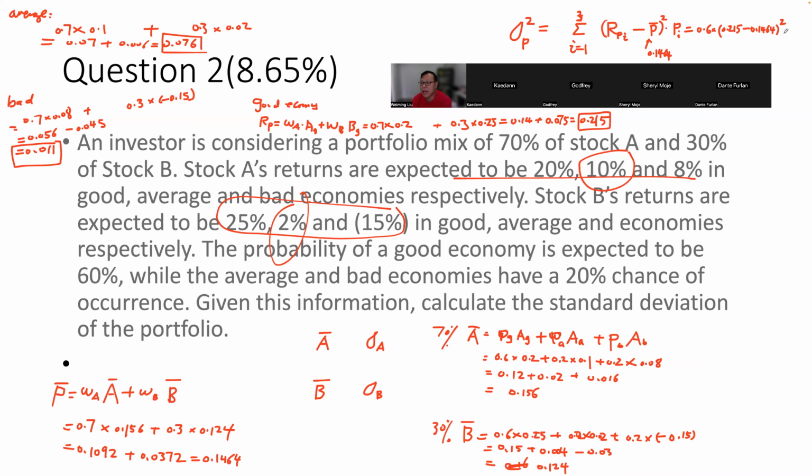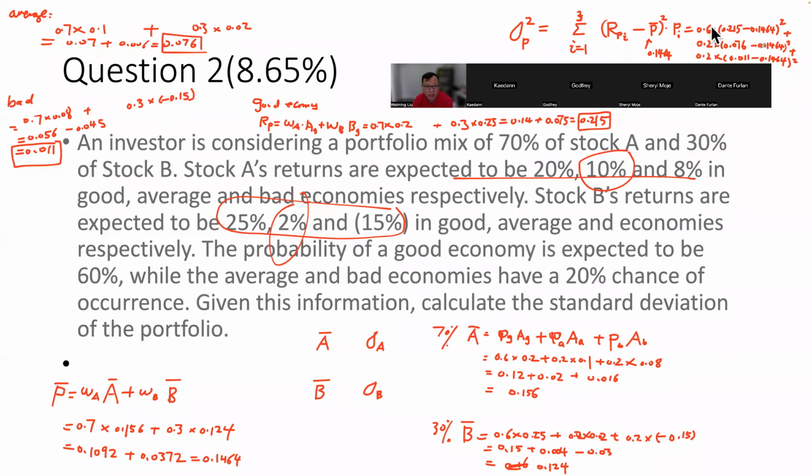And then you add the second one: the probability is 0.2 times the return when it's average, 0.076, minus 0.1464 squared, and then plus 20% times the bad situation, where the portfolio return is 0.011 minus 0.1464 squared.